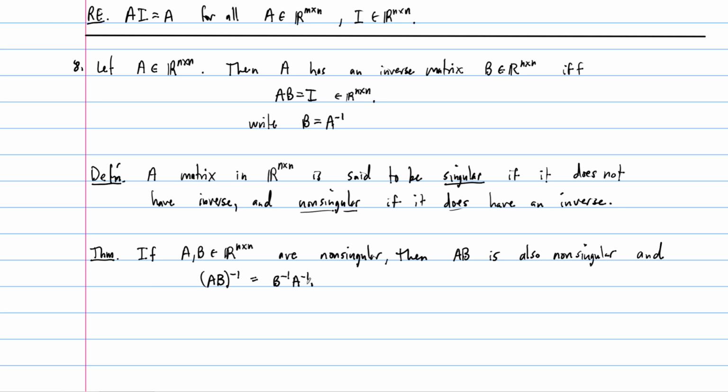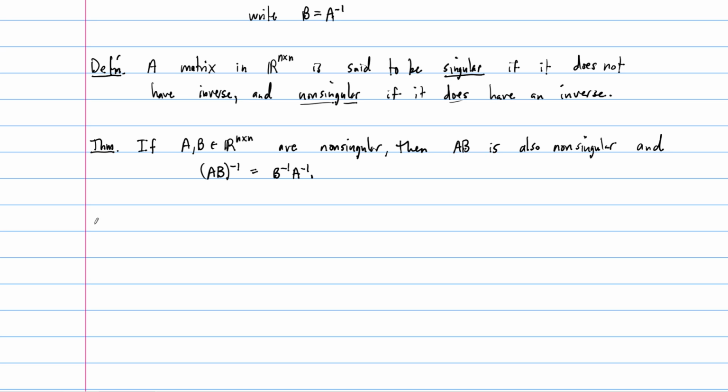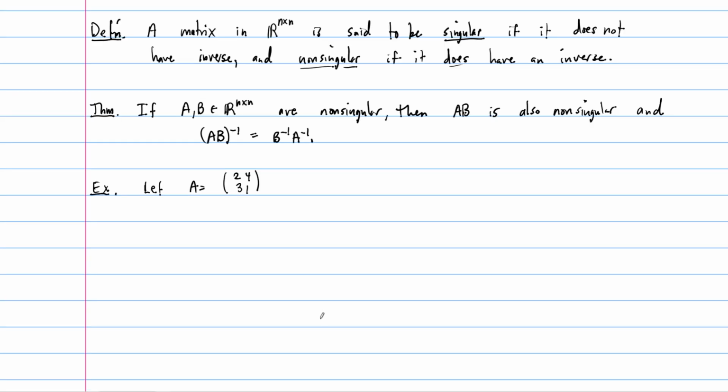Okay, so like I said, let's work out some examples here, just in 2x2. Let A equal this matrix [2, 4; 3, 1]. I want to know, first of all, is it singular or non-singular? And if it's non-singular, can we find its inverse?